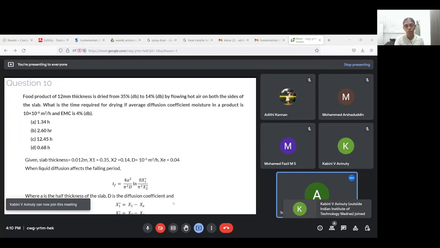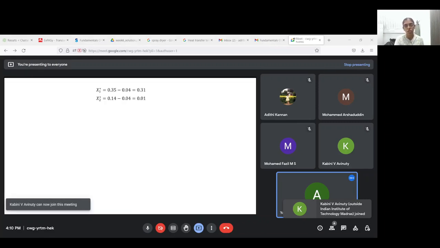So when you substitute these values in the equation, x1 star is equal to 0.35, which is x1, minus xc, 0.04. This will give you 0.31. Similarly, x2 star is x2 minus xc. So x2 is 0.14 minus xc, 0.04. So this is equal to 0.01.